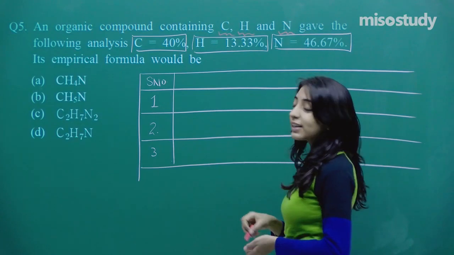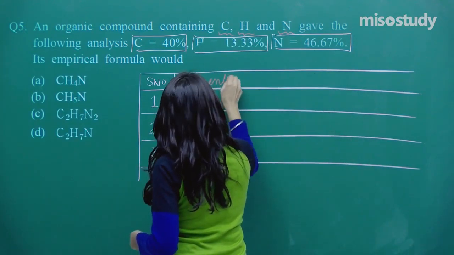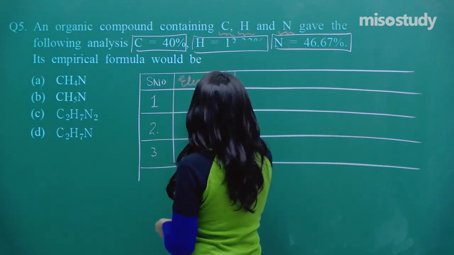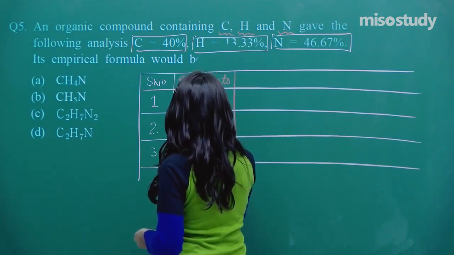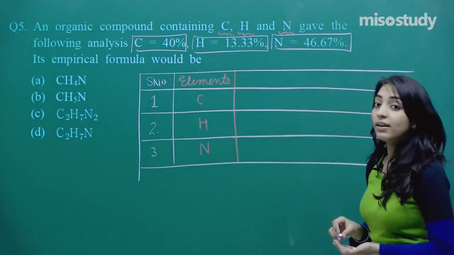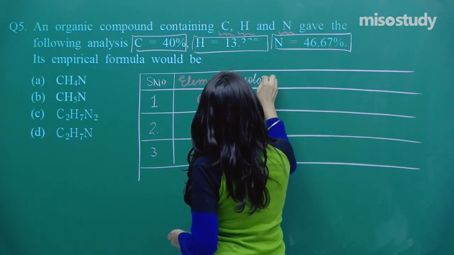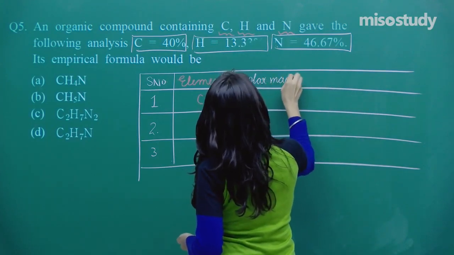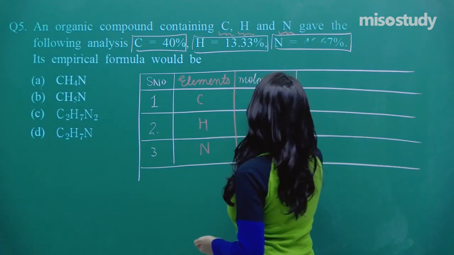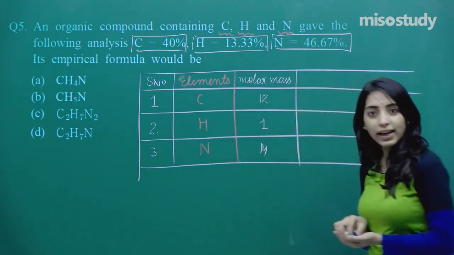So in this particular case, what are the elements that are given to me? We have carbon, hydrogen and nitrogen, right? If I ask you to write down the molar masses of all of them, you will say carbon is 12, hydrogen is 1, nitrogen is 14, right?